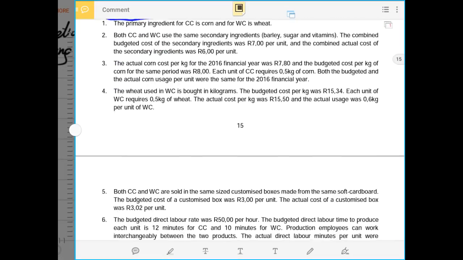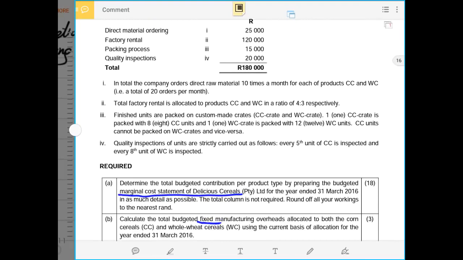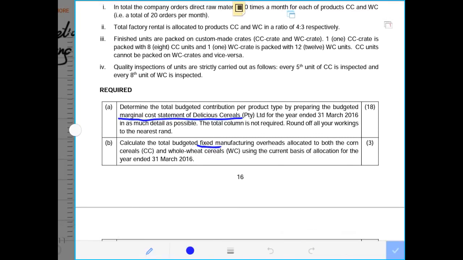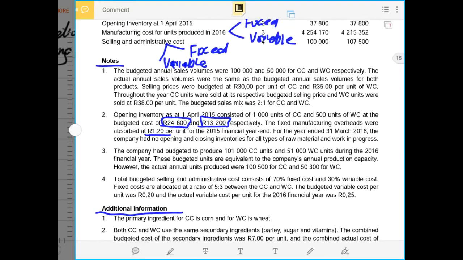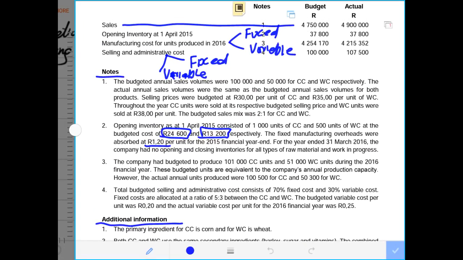It is because we are required to calculate the marginal income statement. As I said to you, the marginal income statement does not take into account the fixed cost in the calculation of production cost. So now that means the opening inventory that is given to us and the opening cost that is given to us is inclusive of the fixed cost.